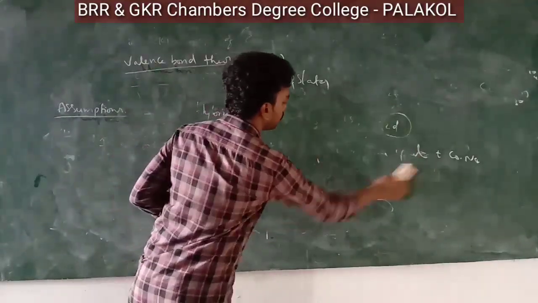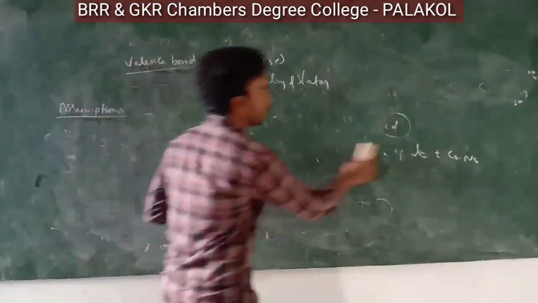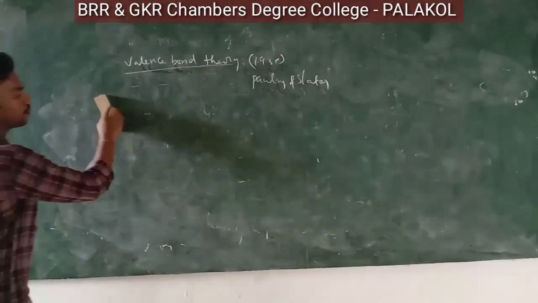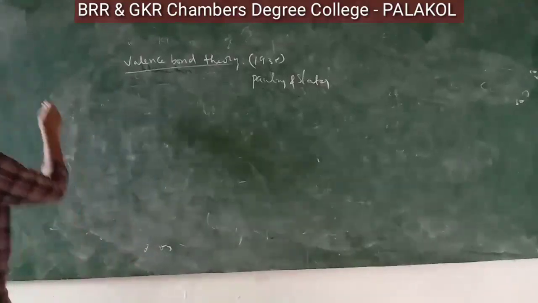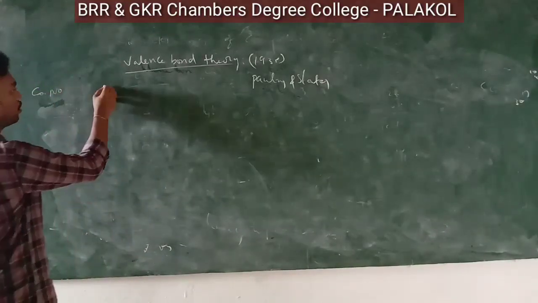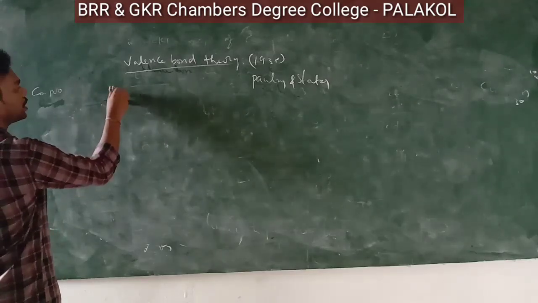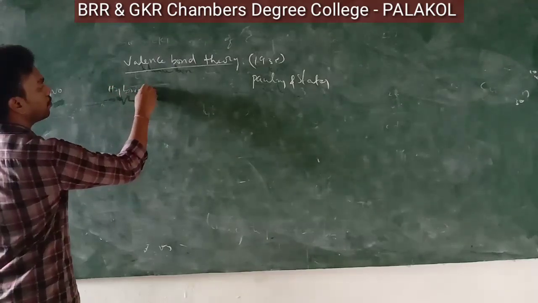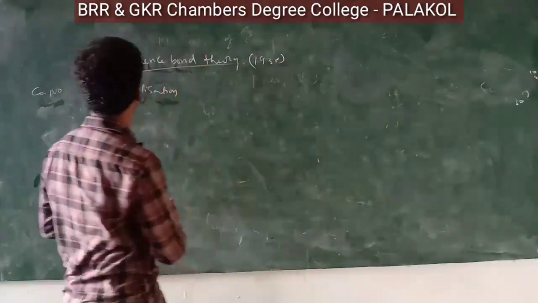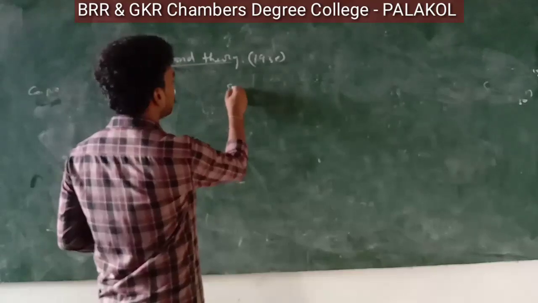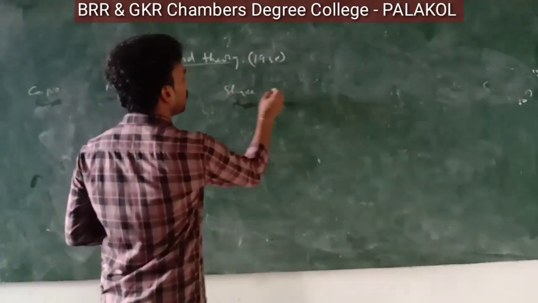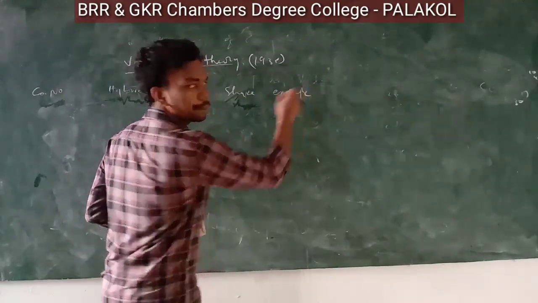Let's take another example. Before discussing examples, I will give you one table so that you can understand easily: coordination number, hybridization, structure, shape, example.